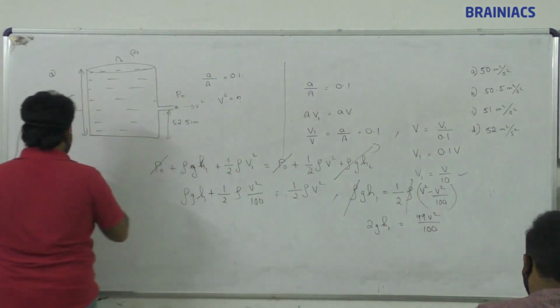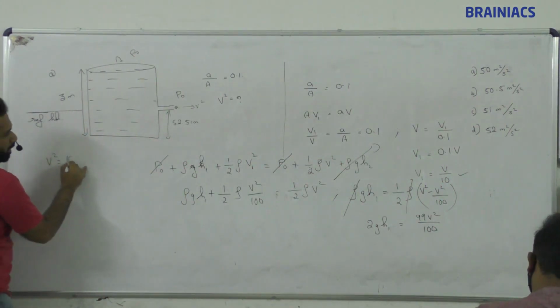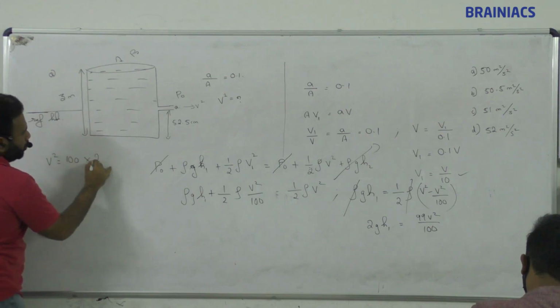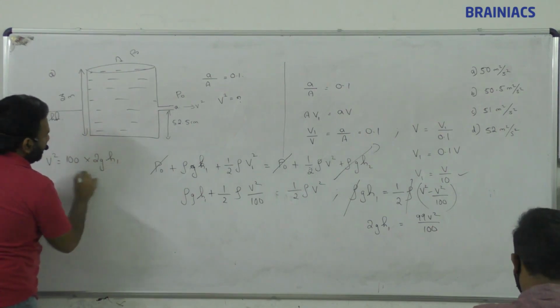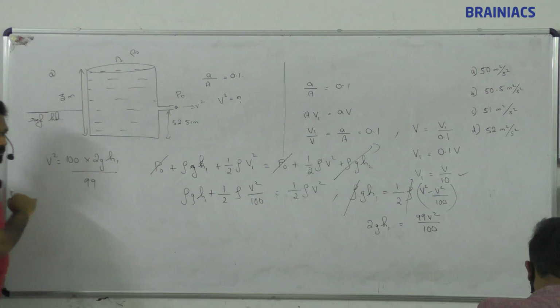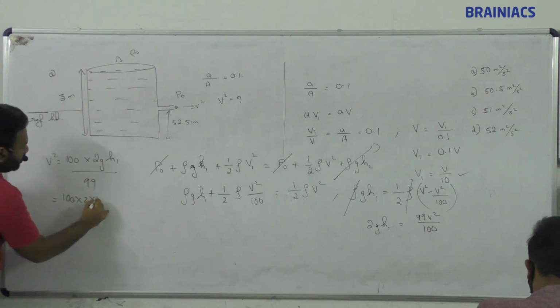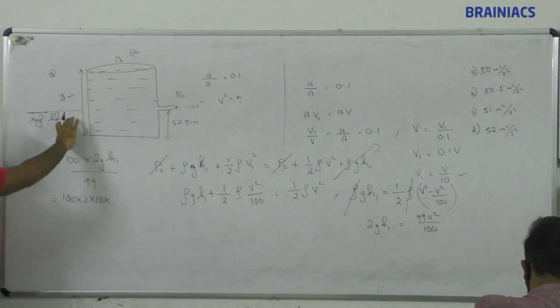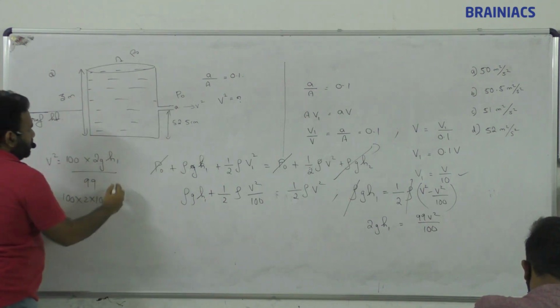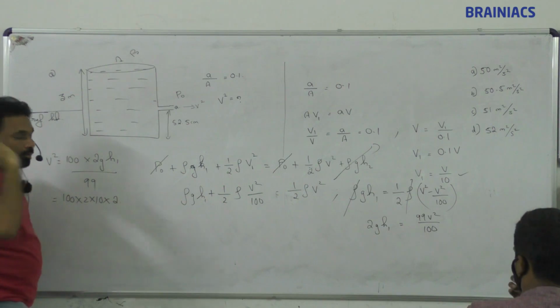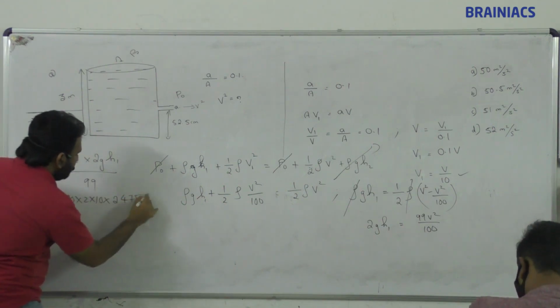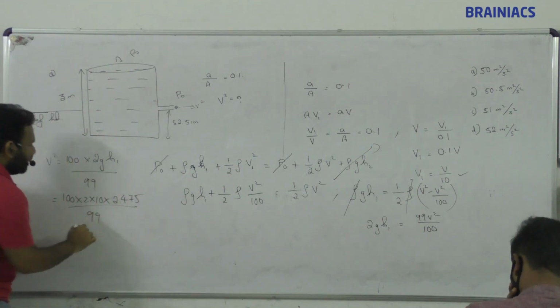Okay, so V square is equal to 100 into 2G H1 divided by 99. Now we will put the values: 100 into 2 into 10 into H1, which is 2.475, divided by 99.